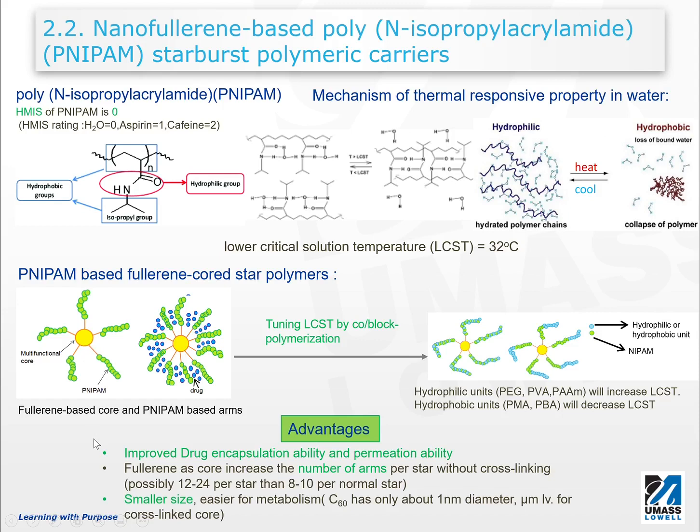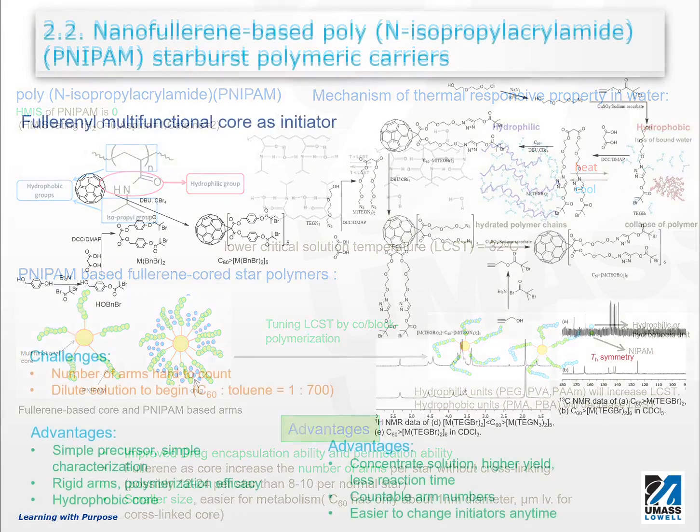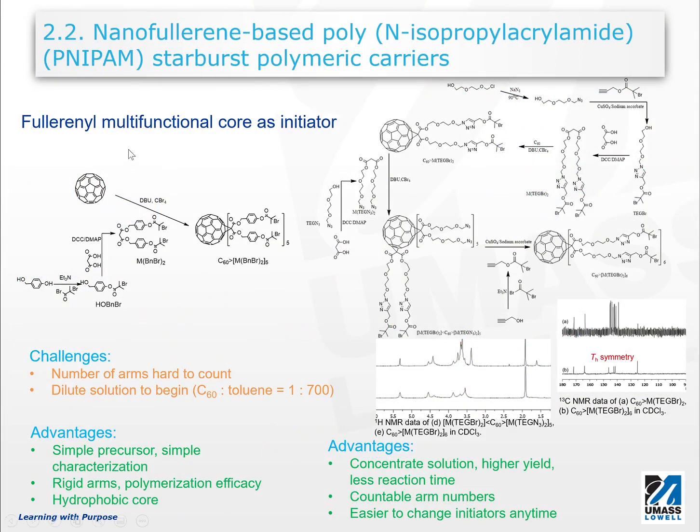And the fullerene itself only has about 1 nanometer diameter, compared with some cross-linked star polymers, which are macromolecular, at about micrometer level. So they are smaller, denser, and may have higher drug loading ability.